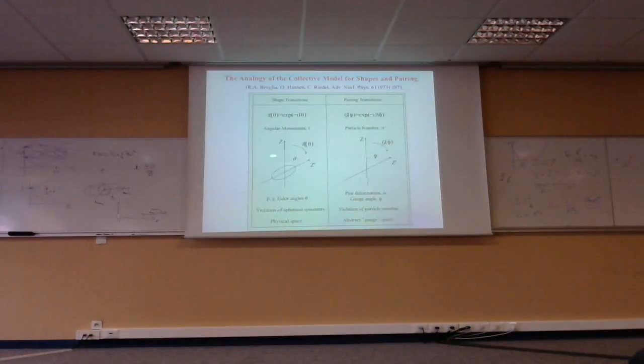Here you imagine a real space. These are the Euler angles, and the system rotates in space and generates some kind of rotational band in physical space. Here, the equivalent of angular momentum is the particle number, and the orientation of the system is specified only by one angle, if you like, rather than the Euler angles of the rotational system.